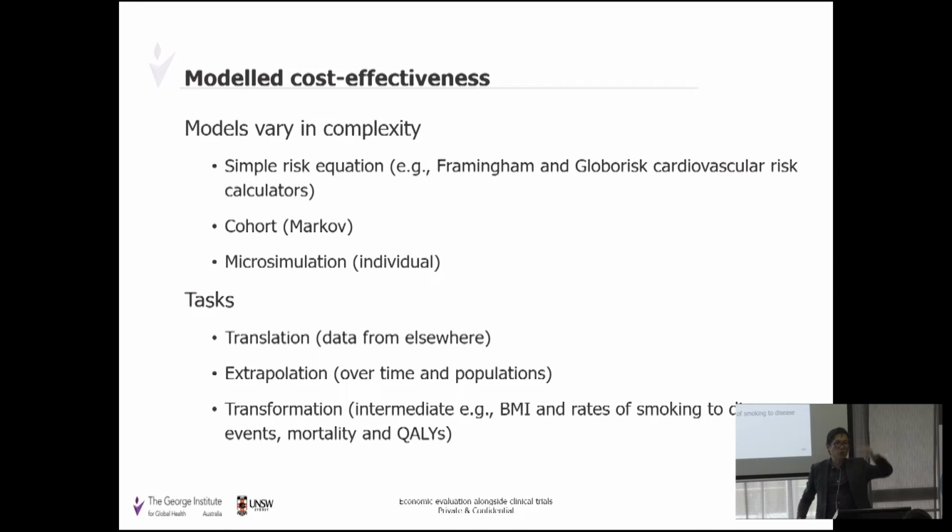So you have two groups. One group is the intervention arm, which has a lower risk, and a control group, which has a higher risk, and then you model their trajectories, and at the end you measure the difference between the two groups.